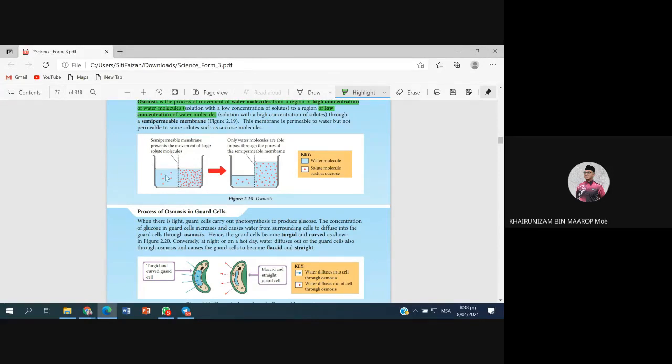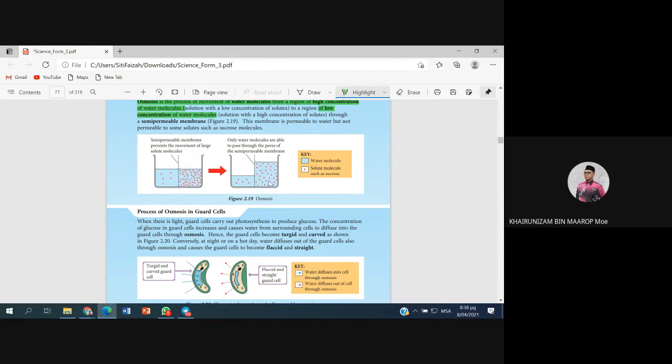So look, this is the high concentration of molecule, and then this is the low concentration of molecule.